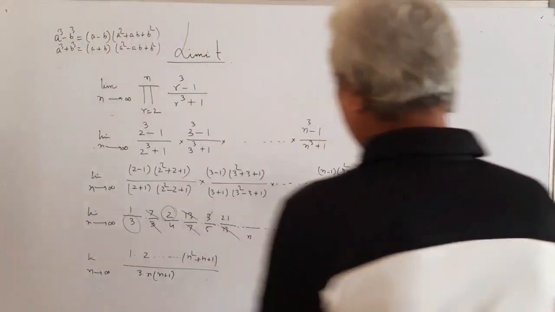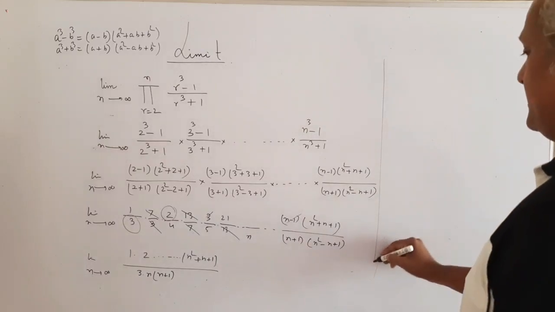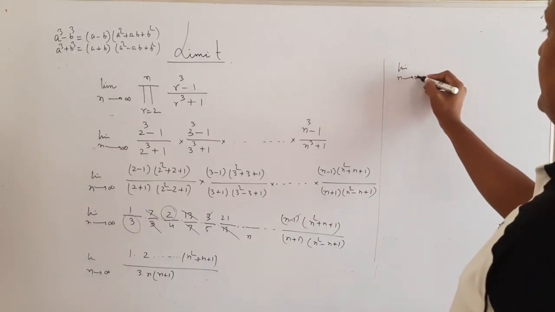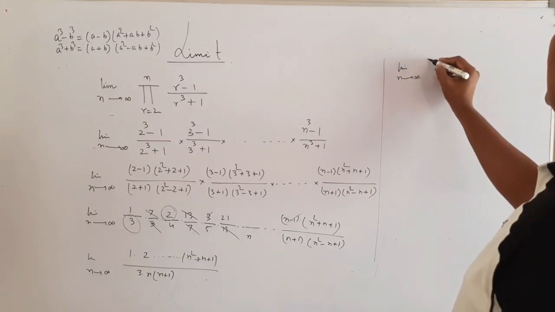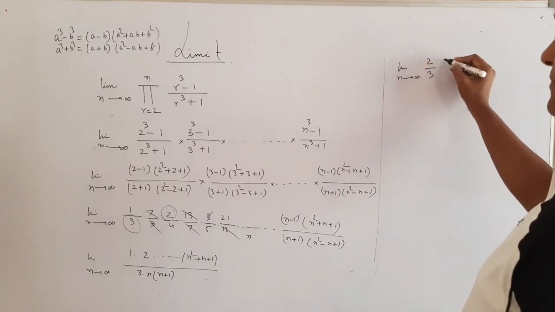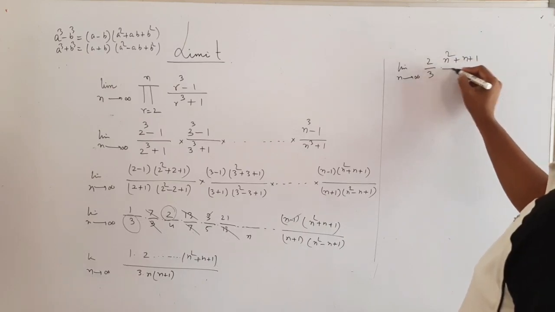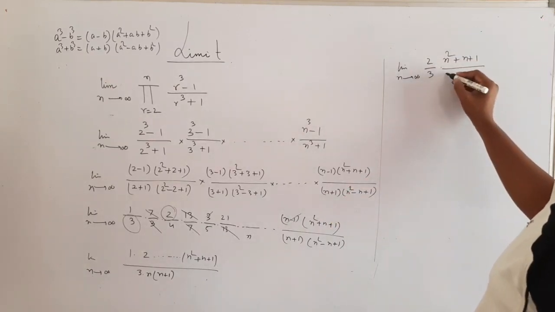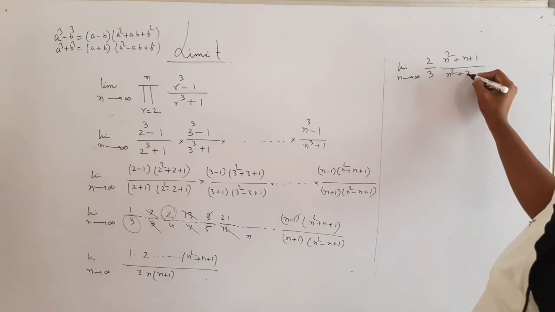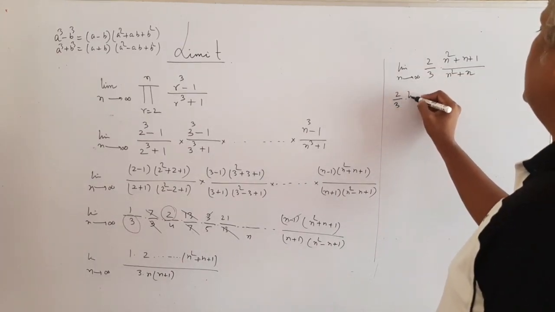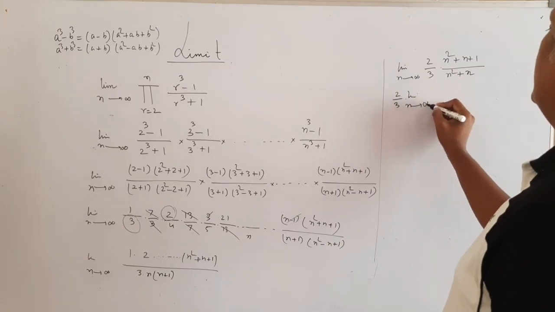Now you see we have got our final expression as limit n tends to infinity, 2 by 3 times (n square plus n plus 1) upon (n plus 1) n, that is n square plus n. So I get 2 by 3 limit n tends to infinity.